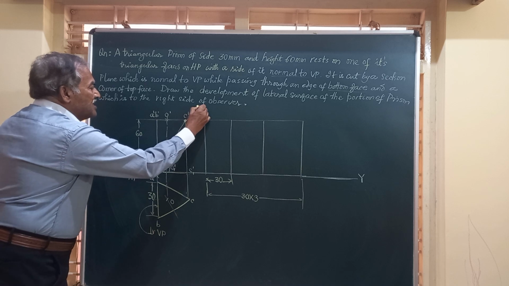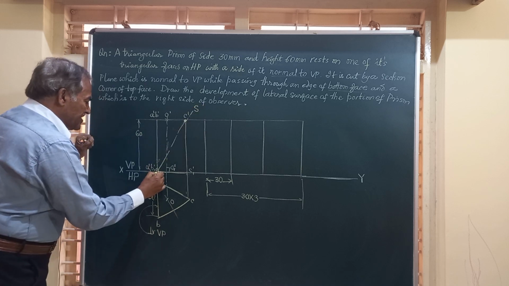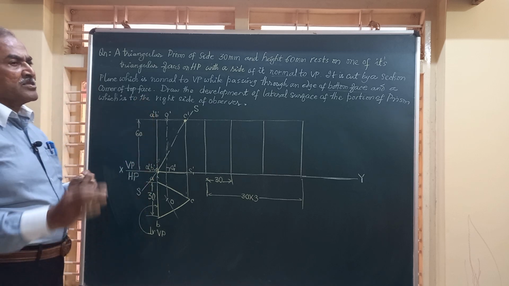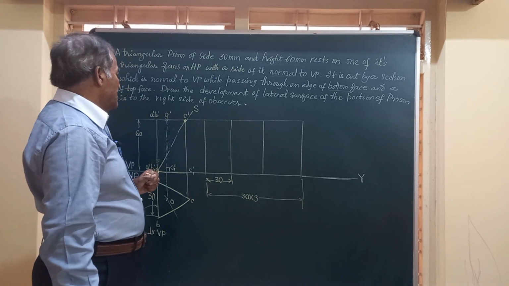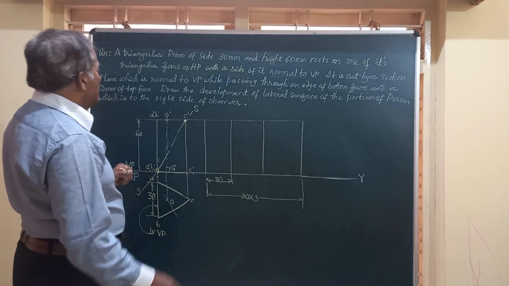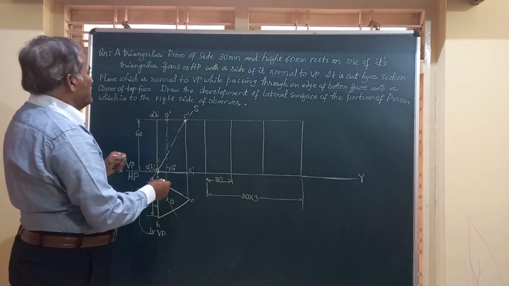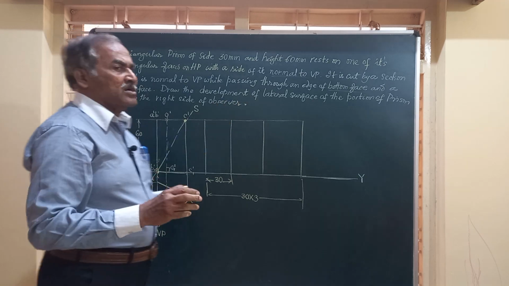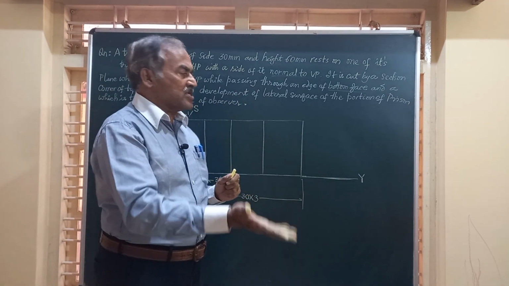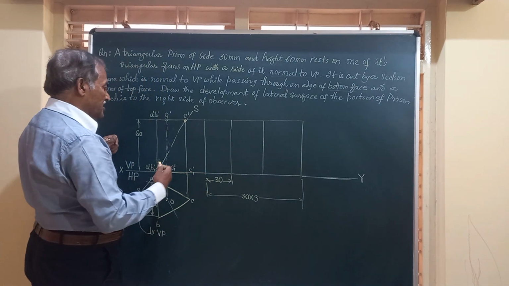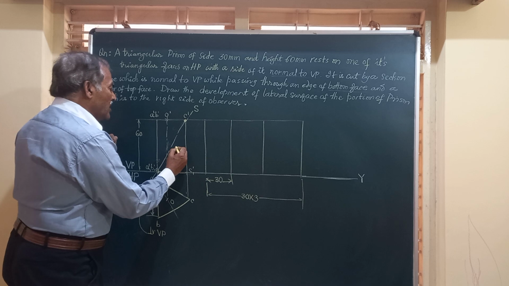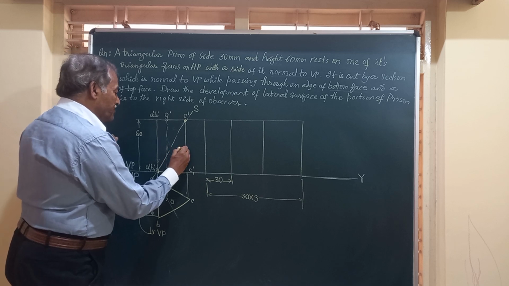I will extend and say this section plane SS is cutting the solid into 2 parts, and is asking us, when it is cut by the section plane, what is the development of the portion of the prism which is to the right side of the observer. Say observer is standing here. This is the right side portion. I will mark this portion as P.